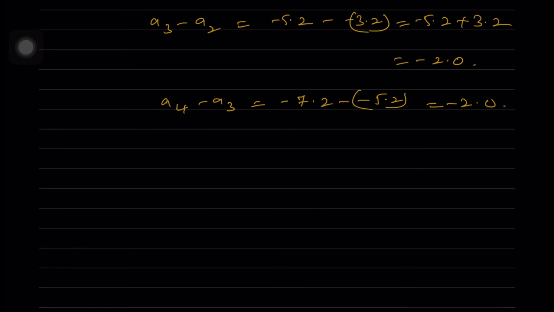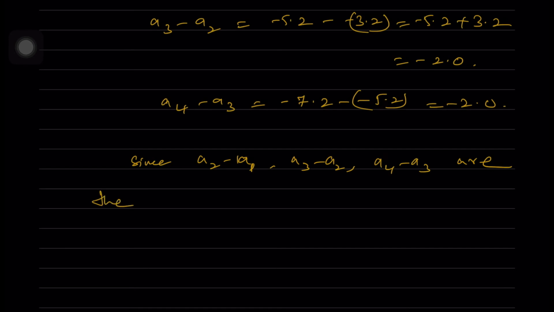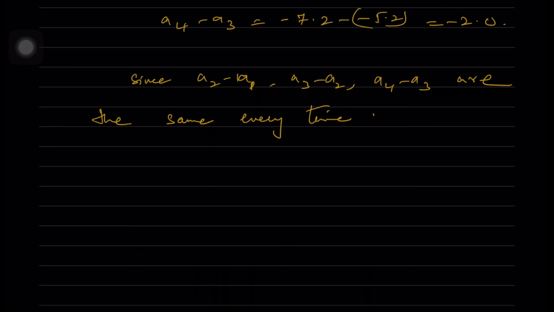Hence the common difference is minus 2, since A2 minus A1 is equal to A3 minus A2 is equal to A4 minus A3. They are the same every time.